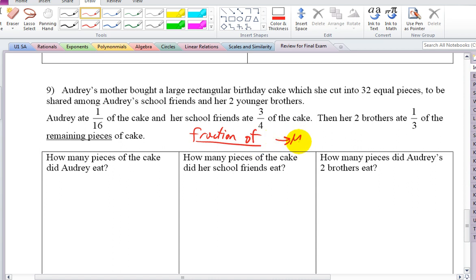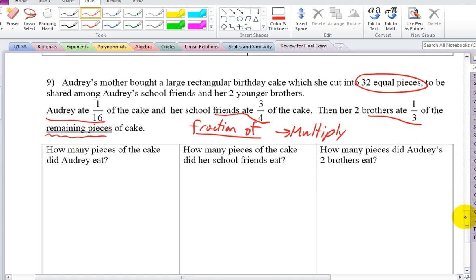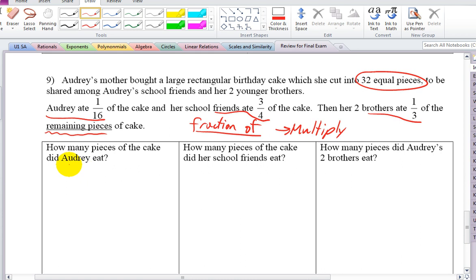Okay. So the cake has 32 equal pieces. Audrey ate 1/16. Friends ate 1/3. Brothers ate 1/3 of the remaining pieces. Go for it, step by step. How much did Audrey eat? 32 times 1/16. You can cancel first.